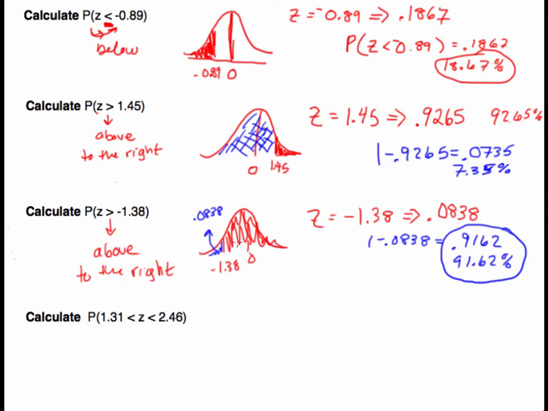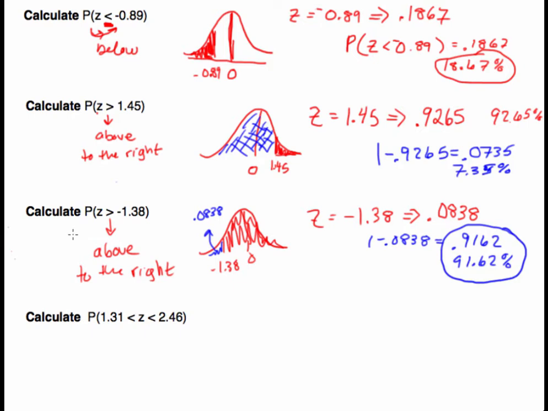That gives me the remaining part to the right. So if I subtract 0.0838 from 1, I get 0.9162, which is 91.62%. 91.62% of the values lie to the right, or lie above a z-score of negative 1.38.